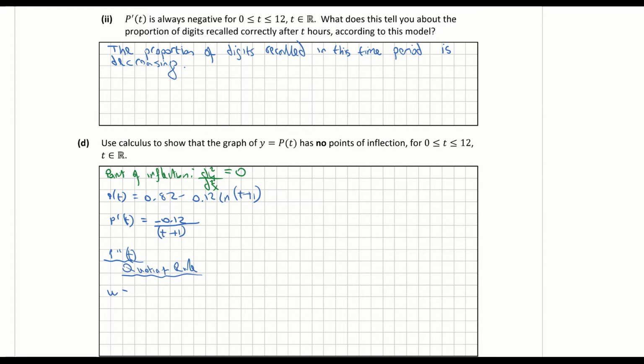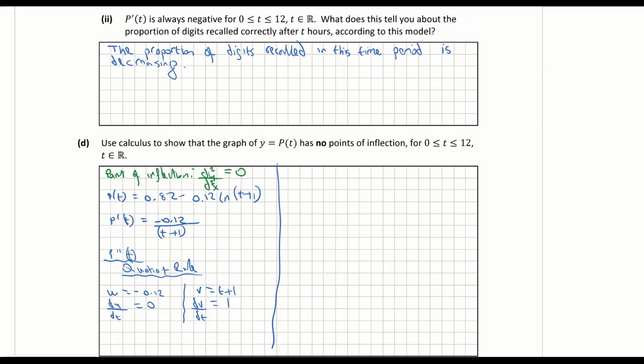So my u is equal to the numerator, minus 0.12. Differentiating my numerator, it's just going to become 0. I get my v, which is the denominator, t plus 1. Differentiating the denominator, I'm just differentiating t, so I get 1.